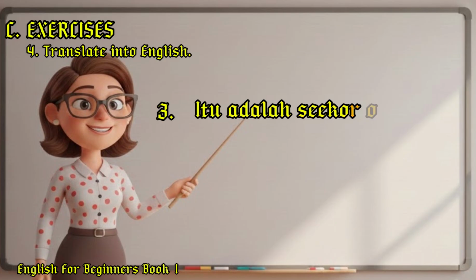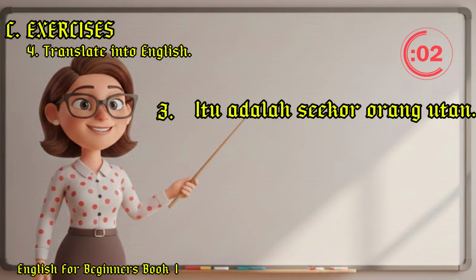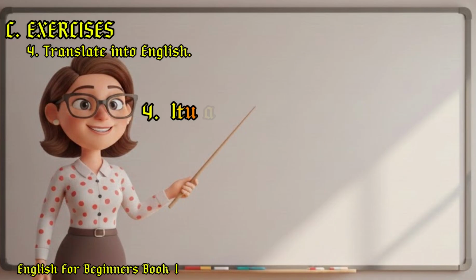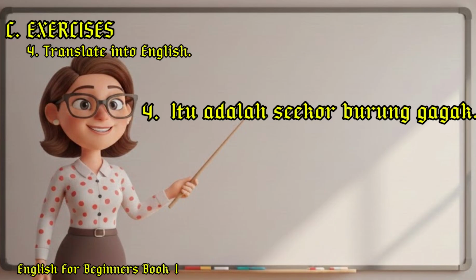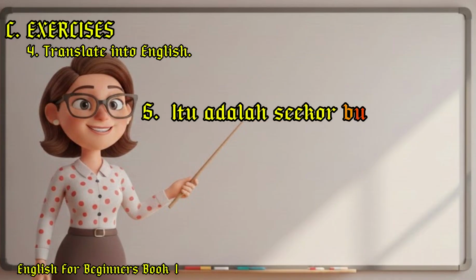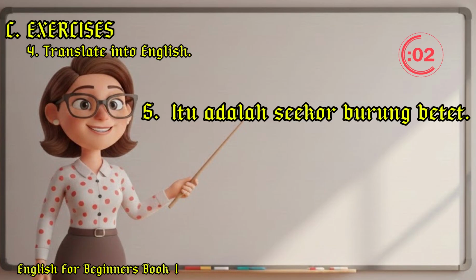Itu adalah seekor orangutan. That is an orangutan. 4. Itu adalah seekor burung gagak. That is a crow. 5. Itu adalah seekor burung betet. That is a parrot.